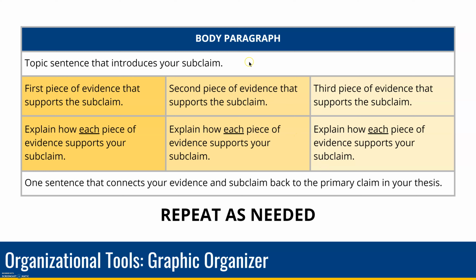Topic sentence introducing your subclaim, a piece of evidence that supports the subclaim and explaining how that supports it, right? That's that analysis piece. A second piece of evidence and analysis, a third piece of evidence and analysis. And then you can either end with some analysis or support, or you could connect that claim back, that evidence back to your subclaim or back to your thesis.